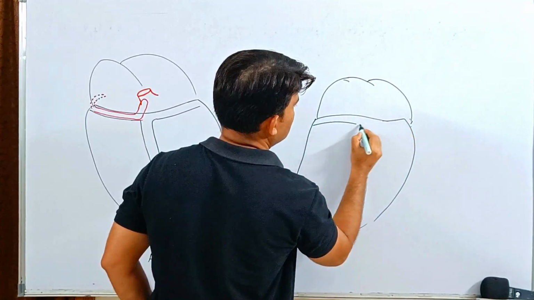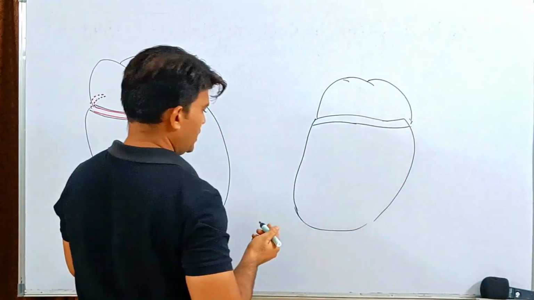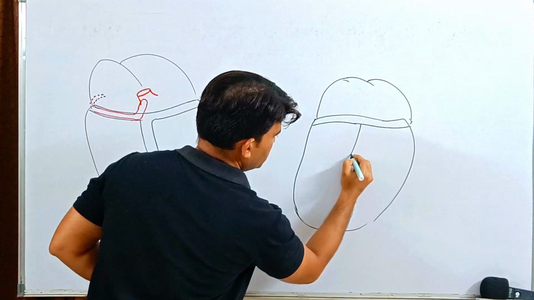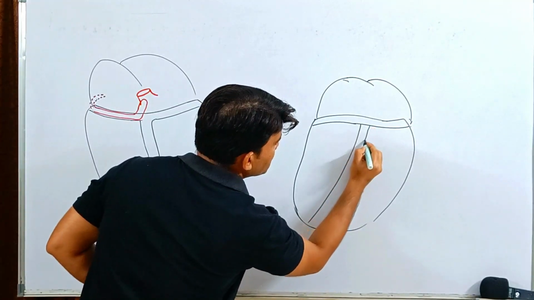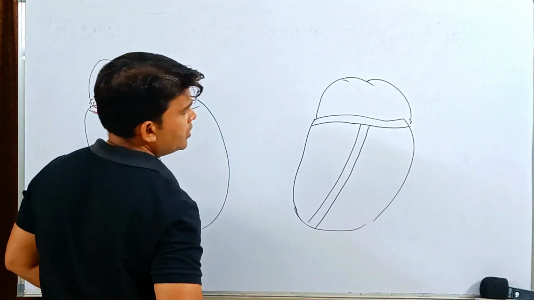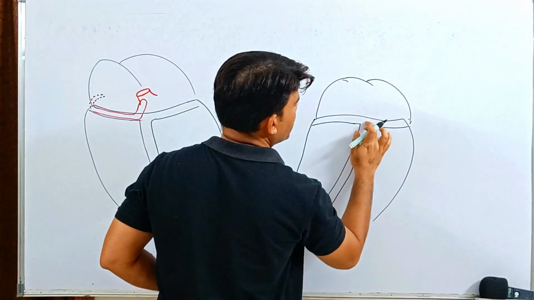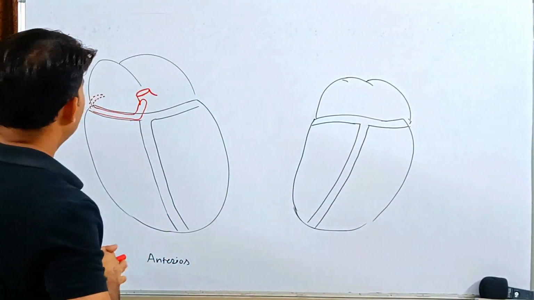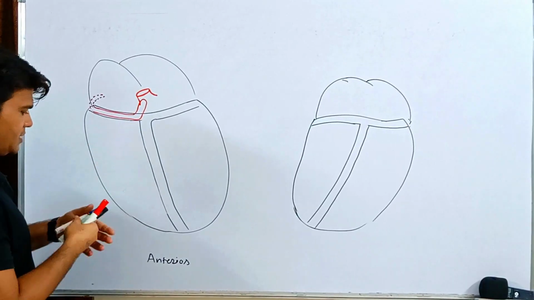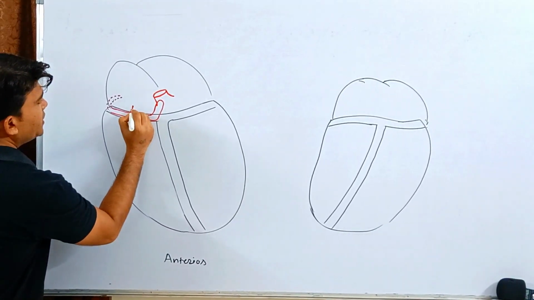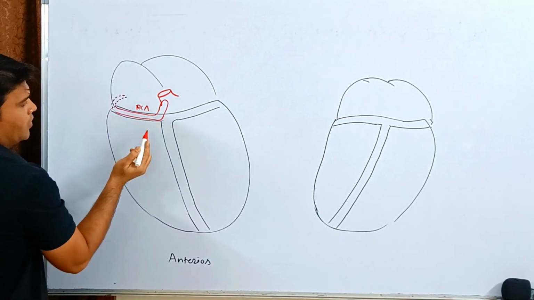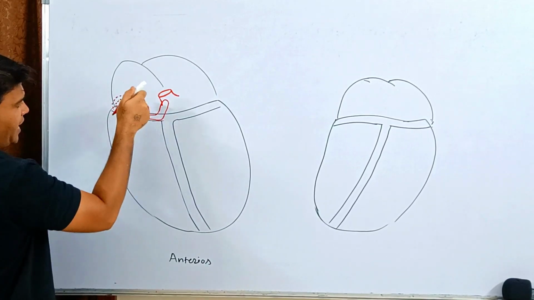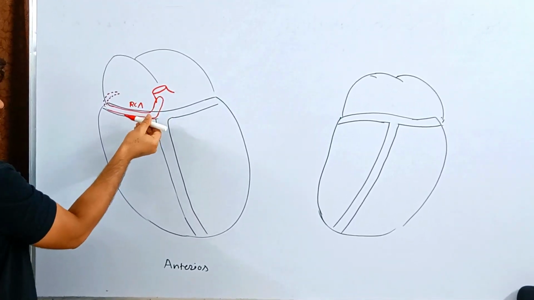This is the sulcus, and what should be the name of this sulcus or groove? Posterior longitudinal, right?